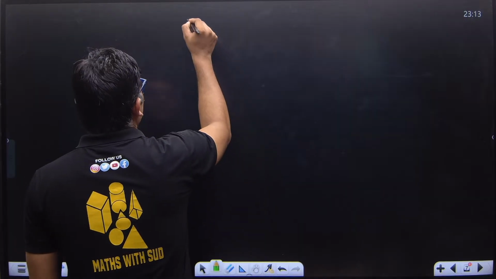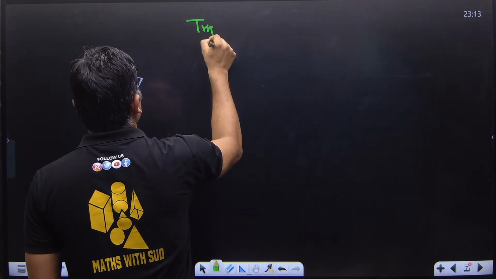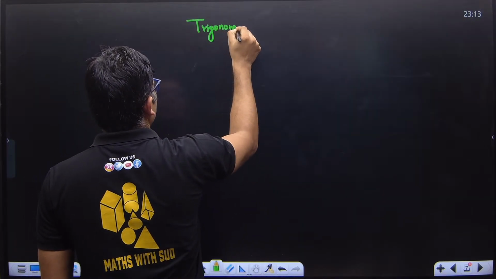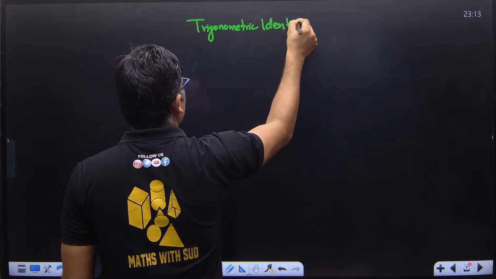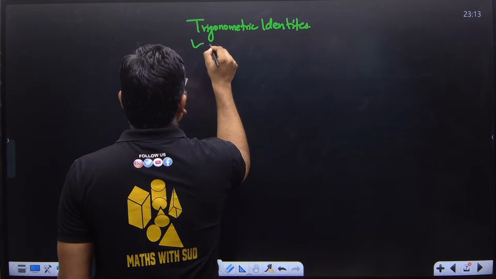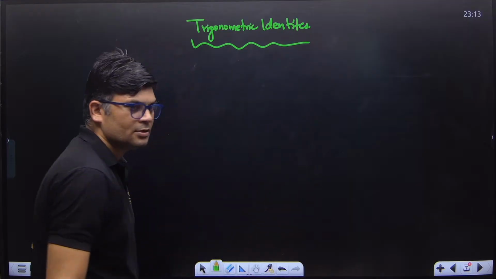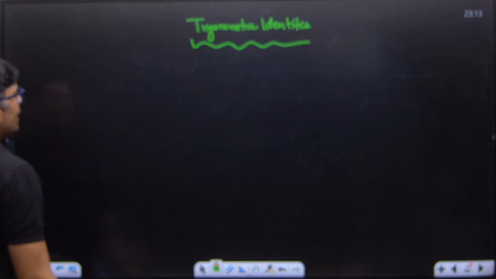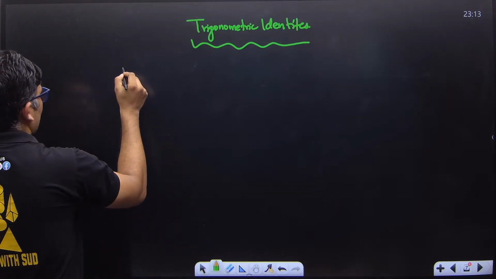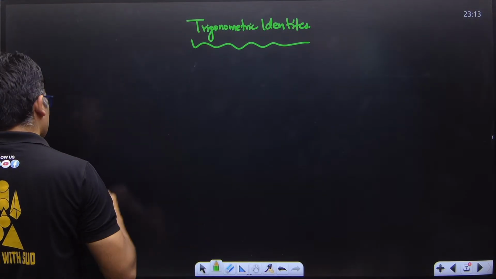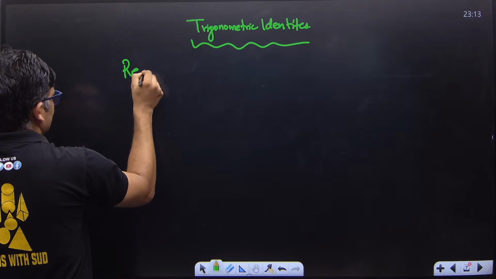Now there are some trigonometric identities. We will categorize them into different parts. The first category is reciprocal identities.